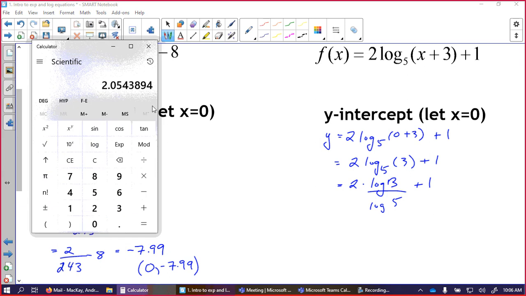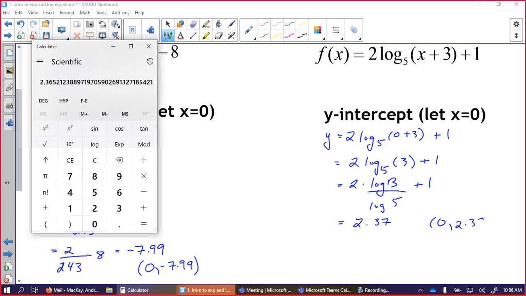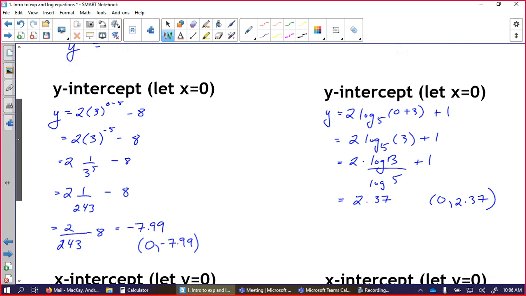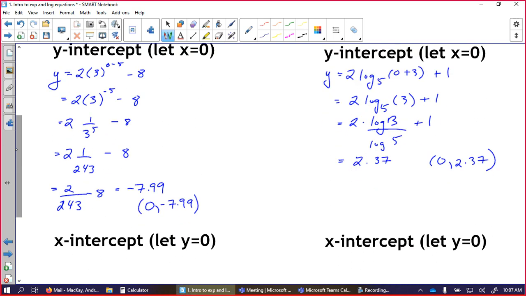I need my calculator to do this. 3 log divided by 5 log is that, times 2 plus 1. Logarithms, you're going to have to use a calculator. That's 2.37. And when we graph those in a sec, we'll see where those are. We're not going to be able to plot exactly.